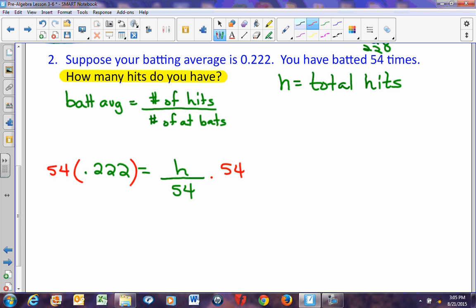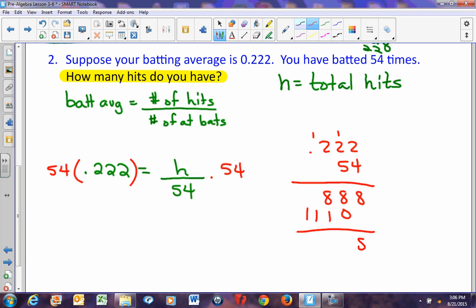So I'm going to have 0.222 times 54, which is going to be 11.988.